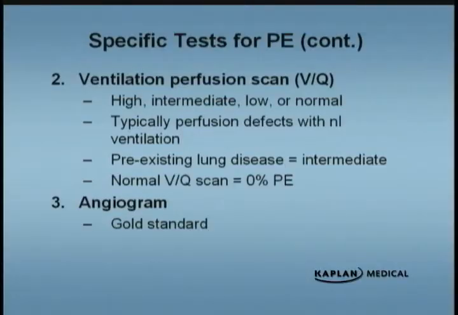It should show some cutoffs there, some perfusion defects, and then at the same time, ventilation should be normal. So this is called a ventilation perfusion mismatch. That's the typical finding on the VQ scan that shows pulmonary embolism.